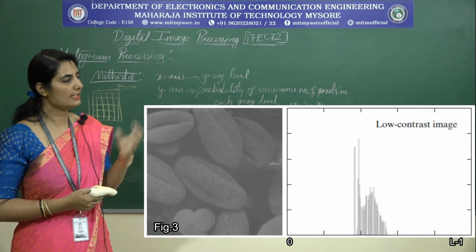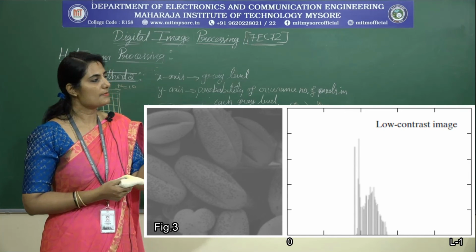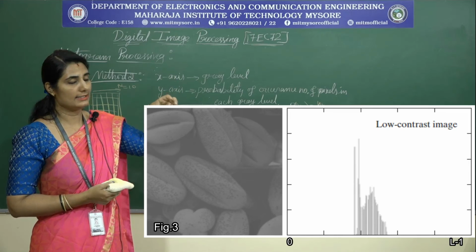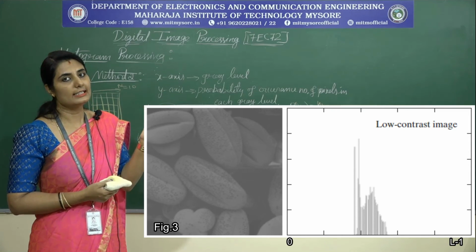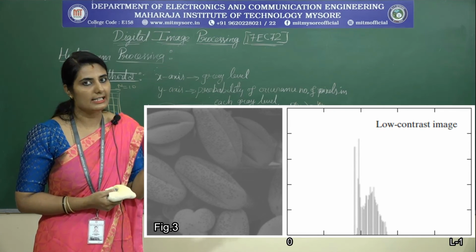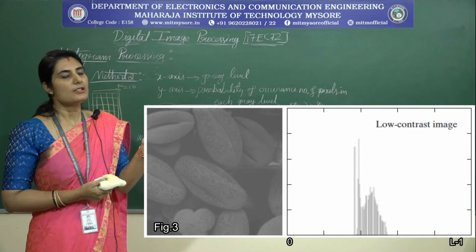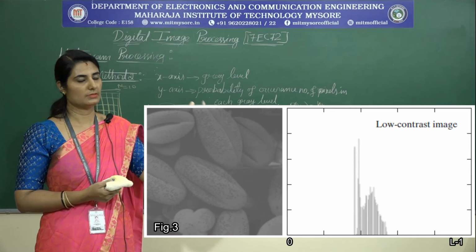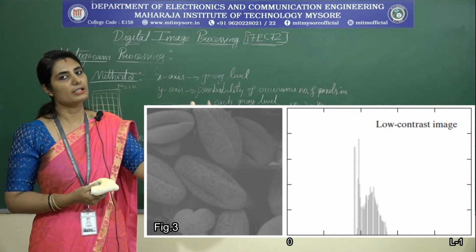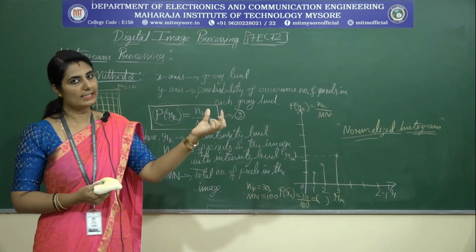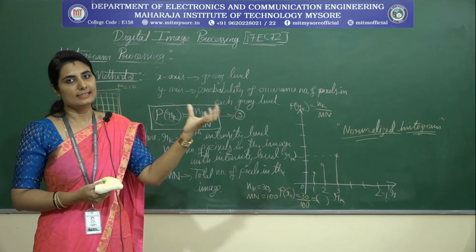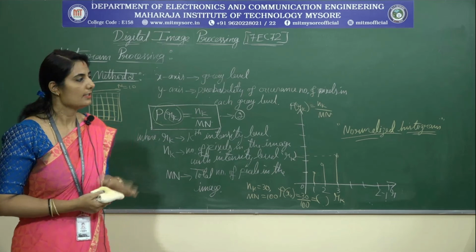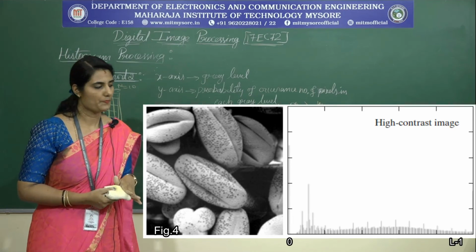Here it is observed that the histogram is concentrated at the center, in a narrow range of intensity levels. So for low contrast images, the histogram always lies at the center, within a narrower range of intensity levels.